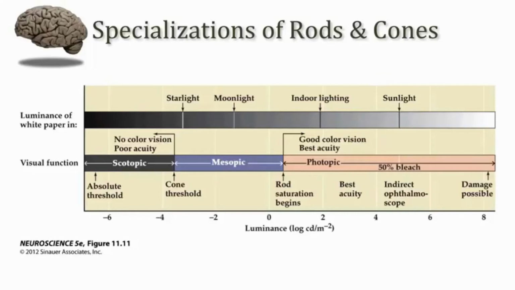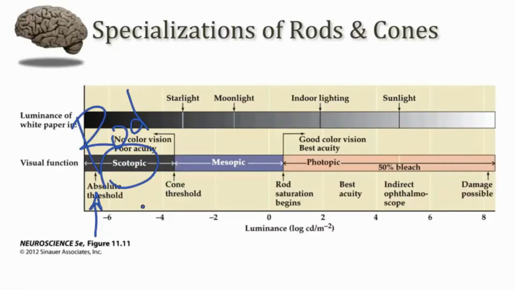We can define an absolute threshold for vision, and this occurs under extremely dark conditions. Imagine being in the darkest woods in the darkest night, and your way illuminated only by starlight. What little vision that's possible under those conditions is due entirely to the operation of our rod system. This is called scotopic vision.